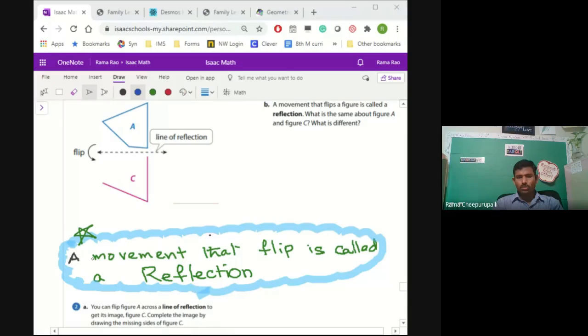So put a little cloud and write it down. The movement that flips is called a reflection. Basically, a flip is called a reflection.